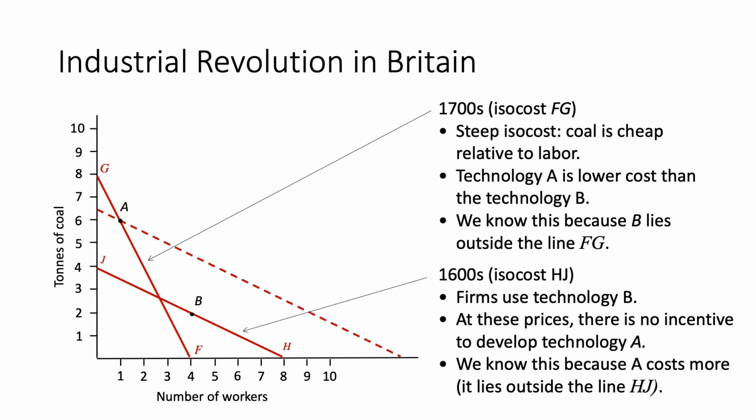Following that, in the 1700s, we see now coal is much cheaper relative to labor. And so now firms will start to shift towards technology A, and this sort of destroys whatever the production process that was occurring at technology B, and it's now shifting all of it to technology A.